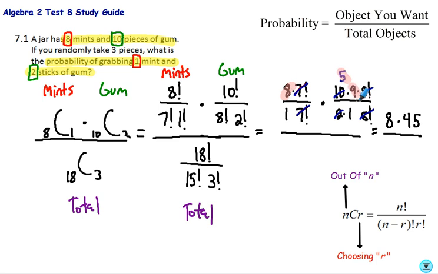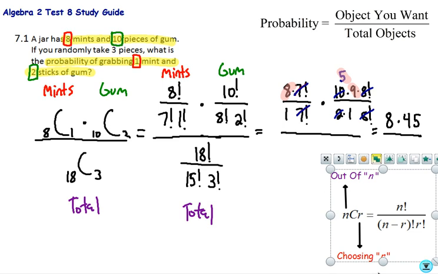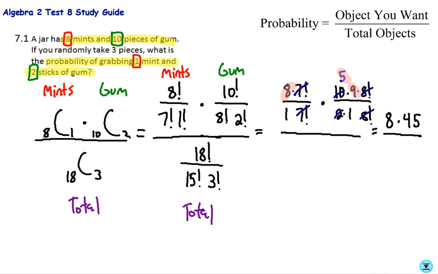Now for the bottom, clear this out of the way. So for the bottom, not as bad as you might think. So you've got 18 times 17 times 16 times 15. So we'll stop at 15. And then let's look at the 3 factorial. So that would be 3 times 2 times 1. Let's do our canceling. So we can cancel the 15s. 3 goes into 18 6 times.